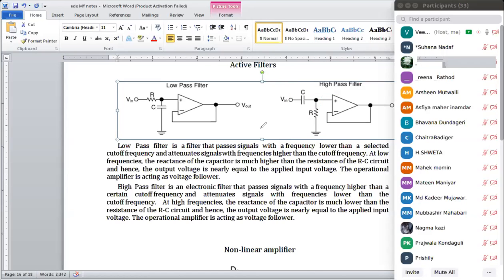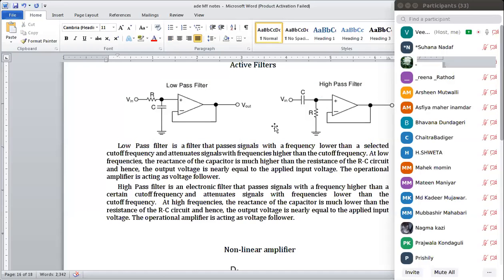Okay, so simple, right? Active filters are basically used in a communication system, where a signal needs to be transmitted from one place to another place. During that time, the strength of the frequency has to be filtered.